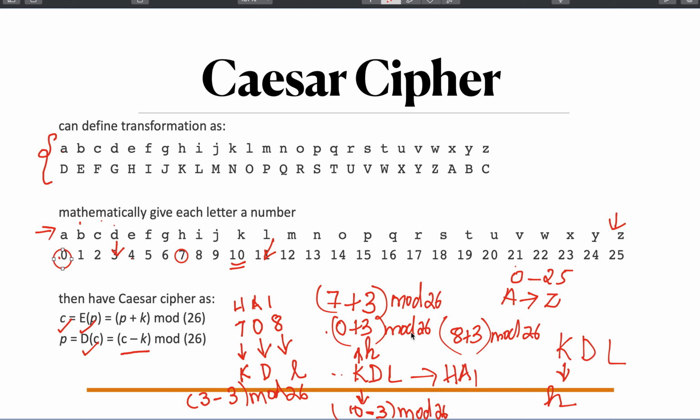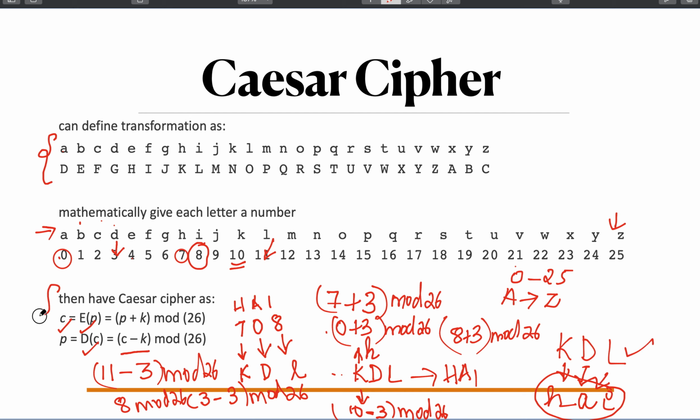It is A. So the plain text corresponding to the ciphertext D is A. The last one is L, whose number is 11. So 11 minus 3 mod 26. 11 minus 3 is 8, and 8 mod 26 is 8 itself. The letter corresponding to the number 8 is I. So the plain text corresponding to L is I. So we got back our plain text HAI from the ciphertext KDL.